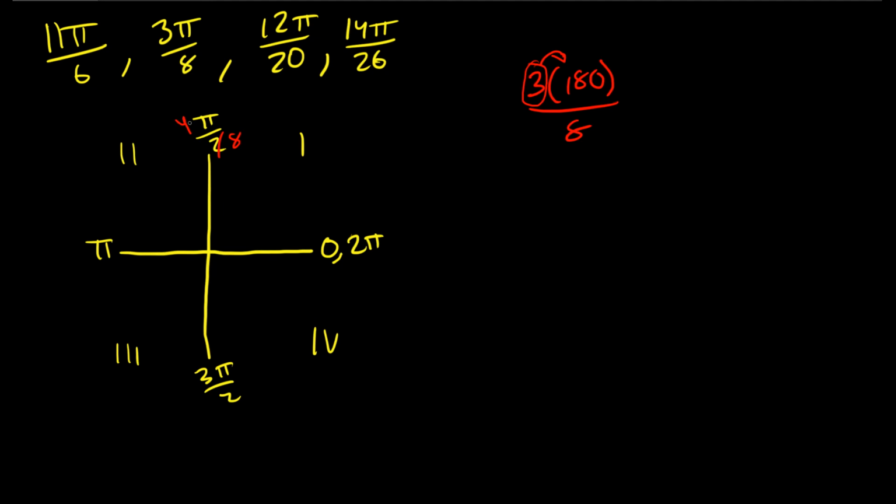So I like this method because once you can quickly do the conversions of pi over 2, pi, 3 pi over 2, and 2 pi into the same denominator as any of these, then it becomes a very simple and normally 100% effective method for figuring out what quadrant the angles are in.